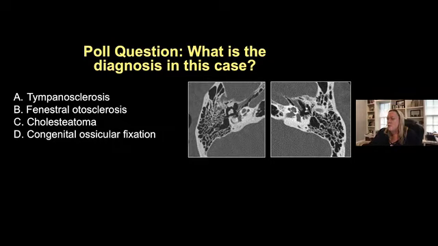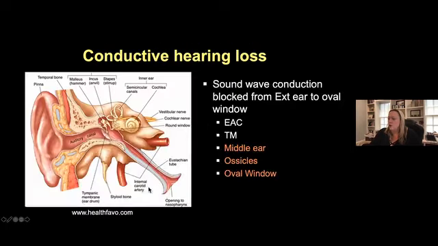All right, so most of you selected fenestral otosclerosis. Very good. And actually, that is what this is a case of. So just a reminder about conductive hearing loss in general. Remember that can occur as a result of anything that blocks the conduction of sound as the sound waves go from the external ear through the external auditory canal to the tympanic membrane.